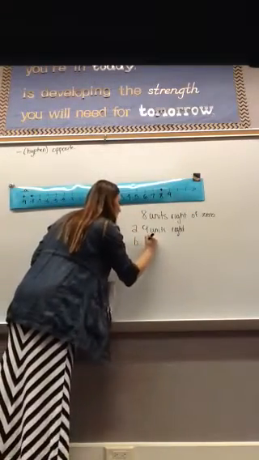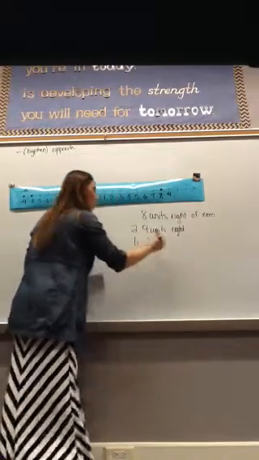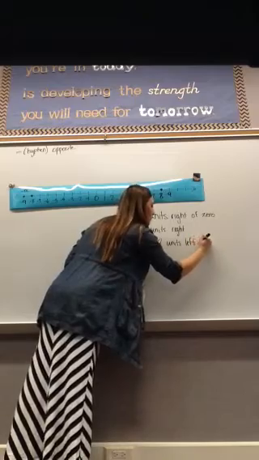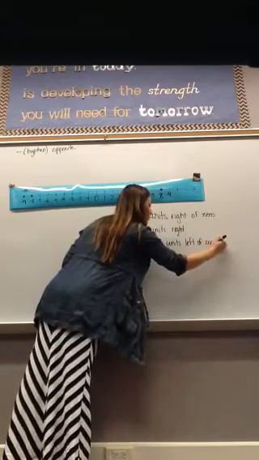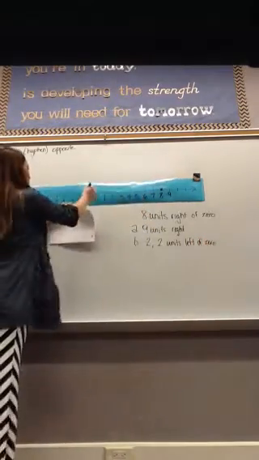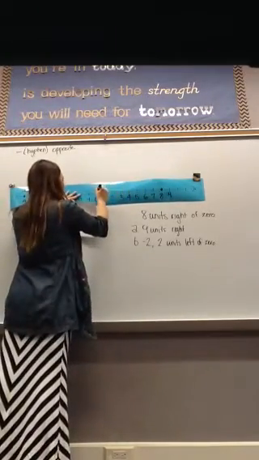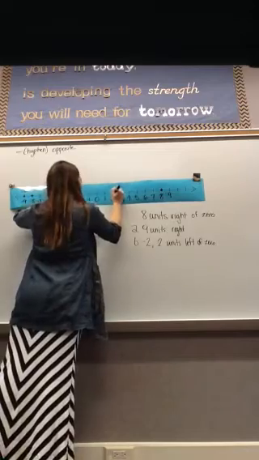B is negative 2. Negative 2 is 2 units left of 0. 1, 2. The opposite of that would be 2 units to the right of 0. 1, 2.